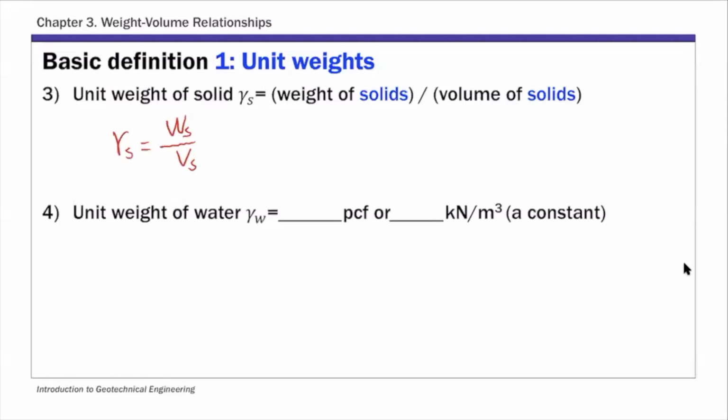And the fourth one here is a special unit weight. This is actually a constant, so it's a known number for most engineering problems. If you're given the unit weight of water, you immediately know its value. Unit weight of water in the US system is 62.4 PCF, pounds per cubic foot.